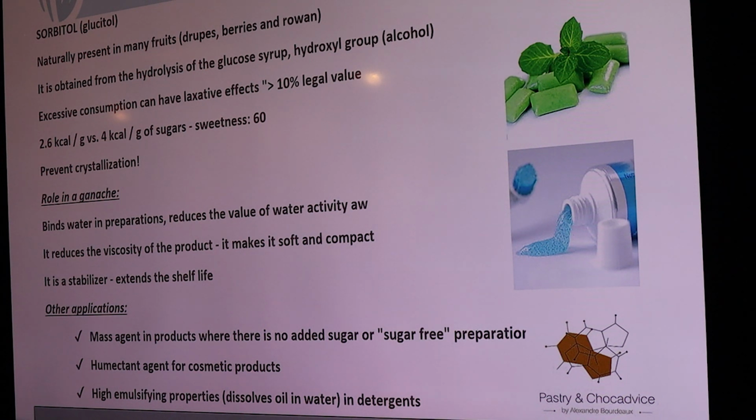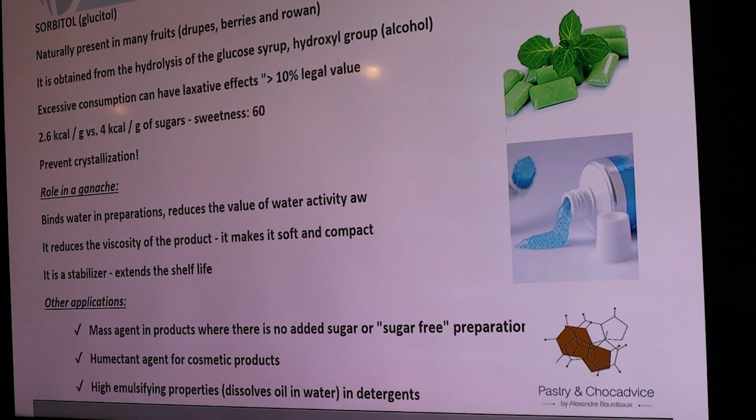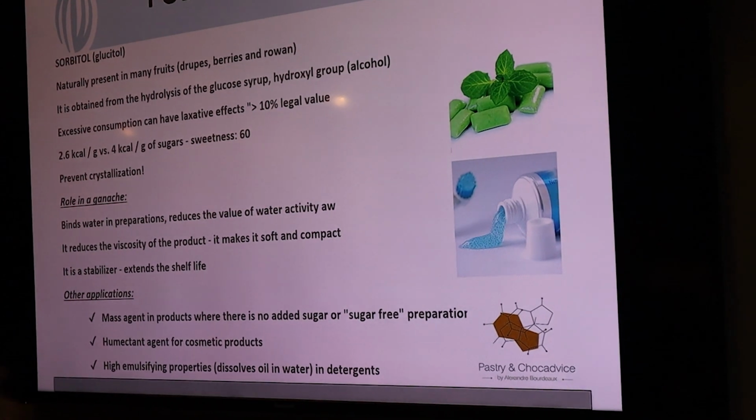Because it binds so much water. So if you eat too much sorbitol, it binds the water in the food, and you will then have digestive problems. Okay, so it's like constipation.